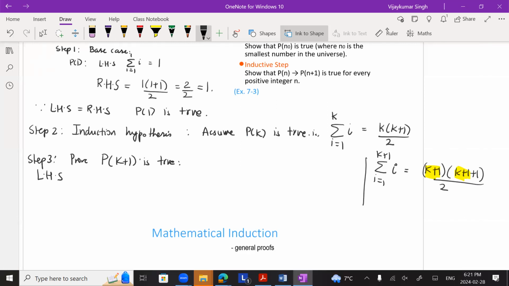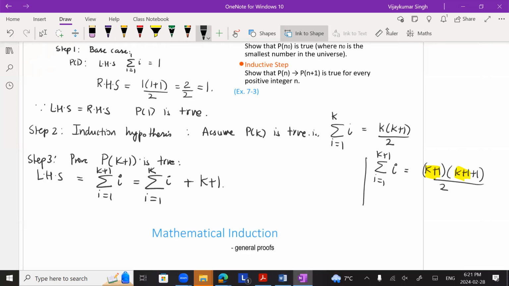You can either take LHS and show that it's equal to RHS. Let's start with that. LHS is the summation of i going from 1 to k plus 1 of i. Now I'm going to break it as the summation of i going from 1 to k of i plus the next term, which is k plus 1. You all agree with that?